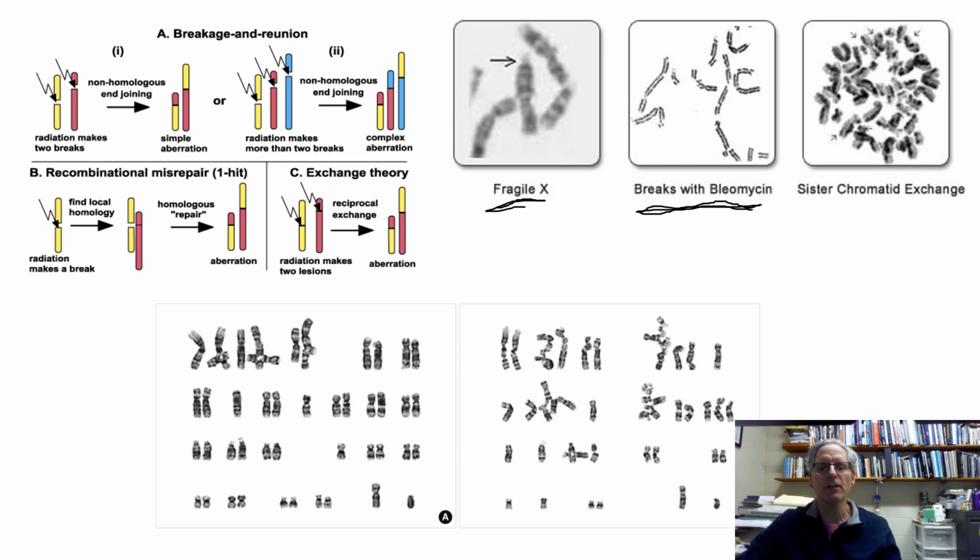This shows you essentially chromosomes where you have translocations. So the breakage of chromosomes produces broken chromosome ends. Those broken chromosome ends are highly recombinogenic. There's a repair system inside cells called non-homologous end joining.